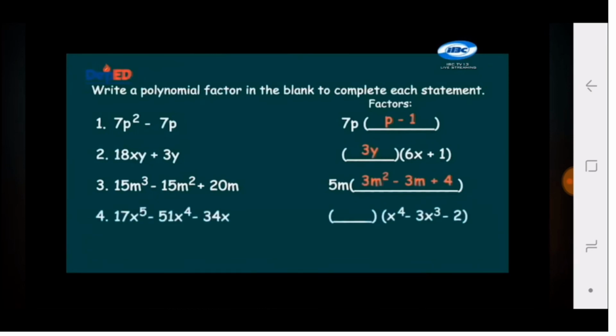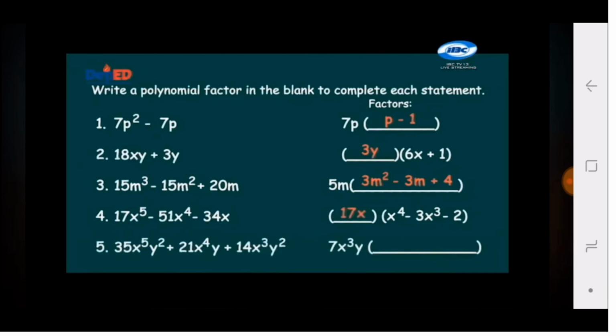Number 4, 17x raised to 5 minus 51x raised to 4 minus 34x in factored form is blank times the quantity of x raised to 4 minus 3x cubed minus 2. The greatest common monomial factor is 17x. Number 5.